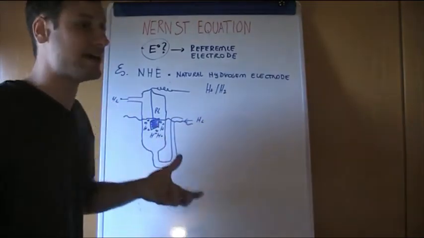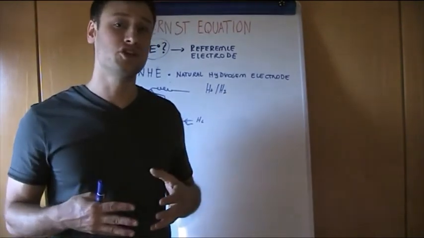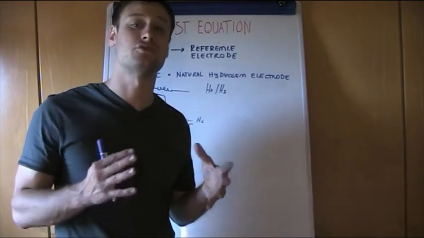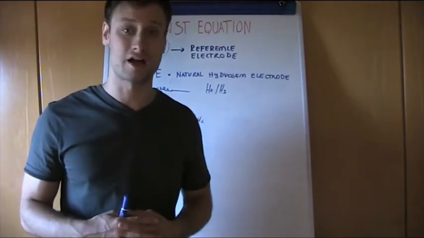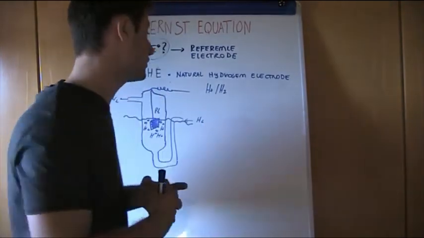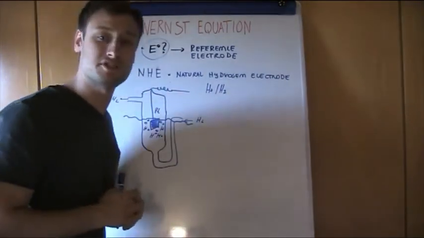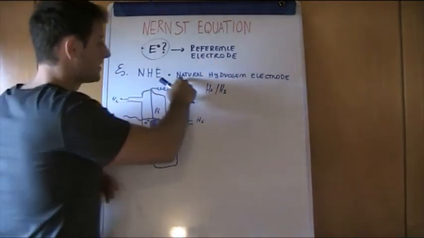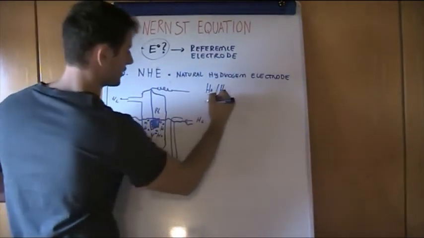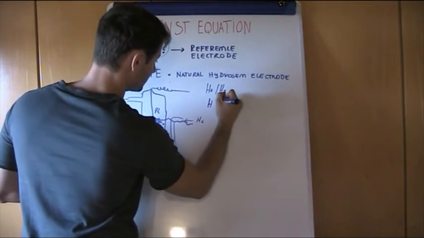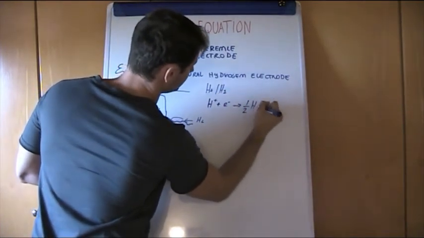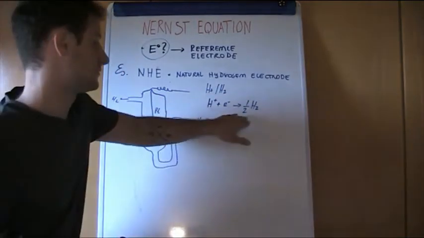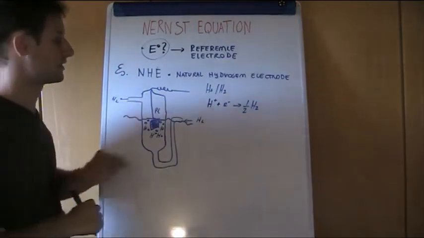A conventional electrode is a place in which a semi-reaction associated with a certain redox couple is proceeding. The same holds for a reference electrode, which is also based on a specific semi-reaction. In the case of the normal hydrogen electrode, this semi-reaction is H+ plus one electron, giving this. This is the specific semi-reaction.